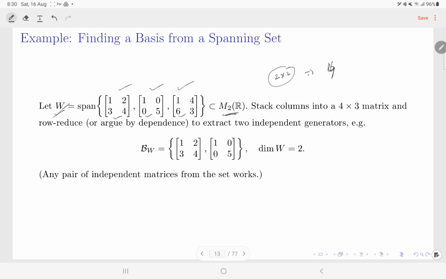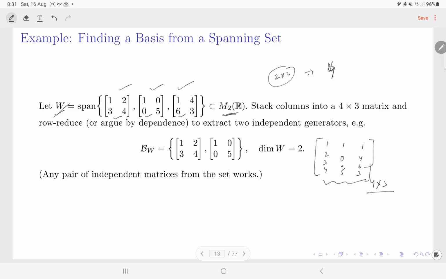For that you have to check. How can you check that? Just write them as vectors in a matrix like this: (1 2 3 4), (1 0 0 5), (1 4 6 3). Now this is your 4 cross 3 matrix.